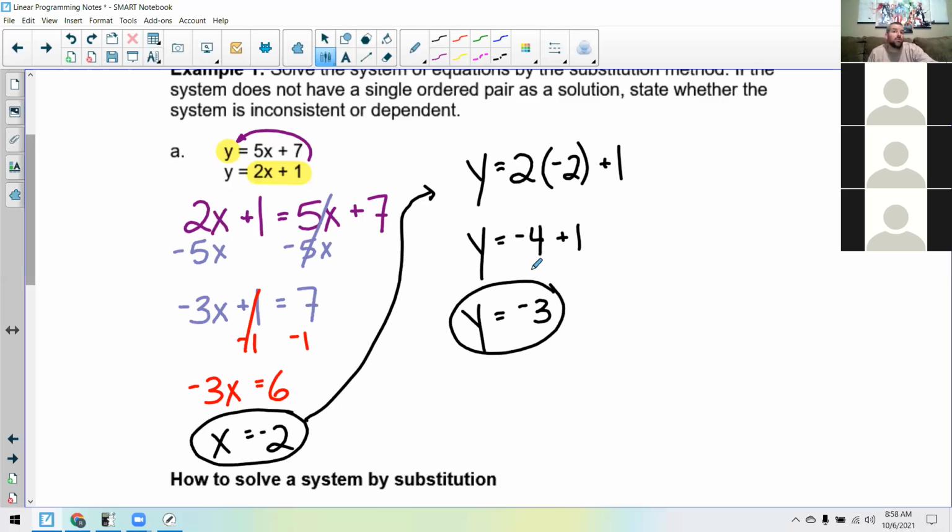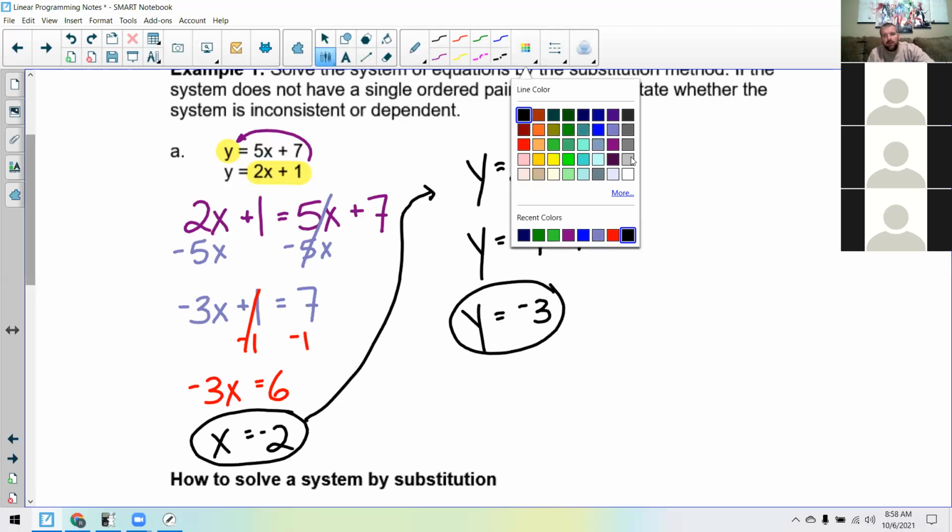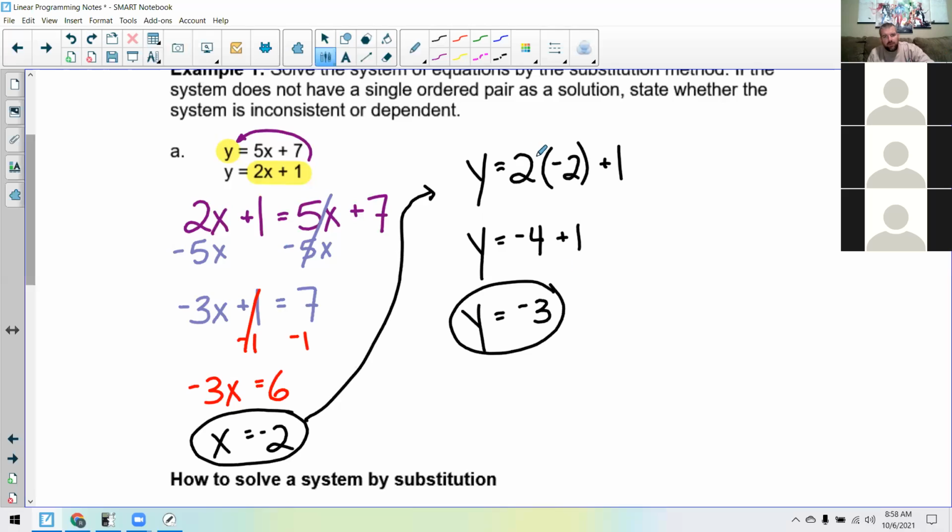Can you do the other one as well? The one I just wrote down as an example. Yep. I was just wondering, substitute it back into the first equation. Oh, this other equation here. Yeah. Sorry. Yep. So if I chose the first equation, I'd get y equals 5 times -2 plus 7.